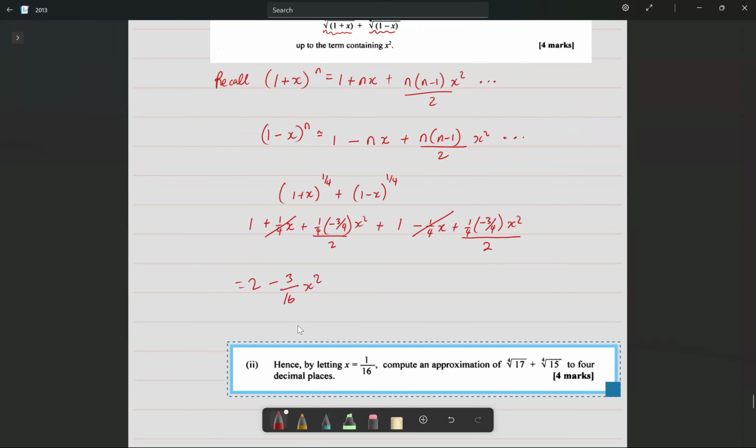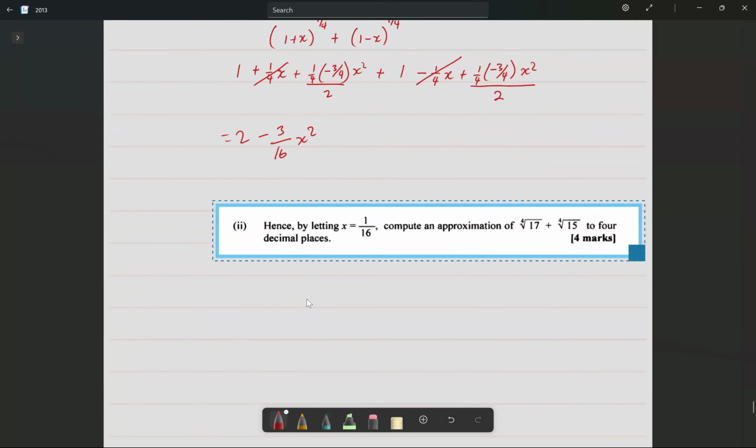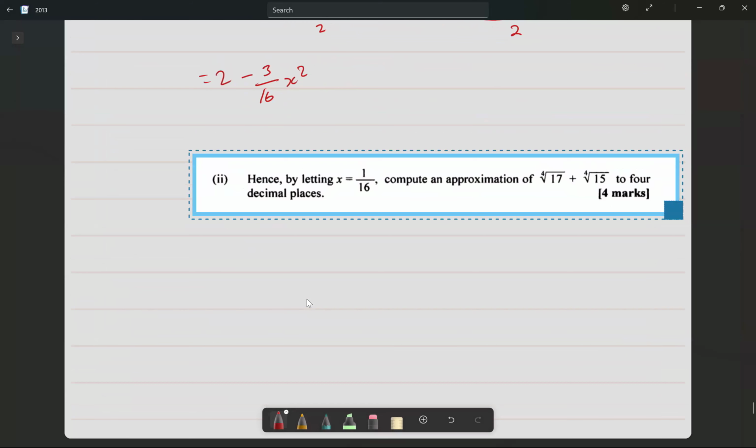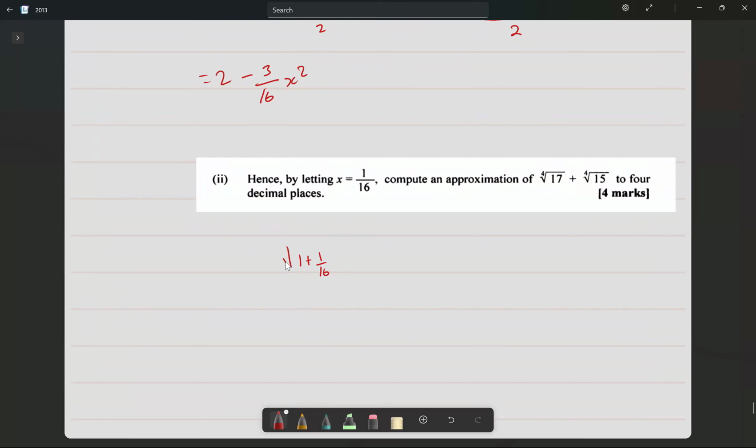So now we're going to have 1 plus 1 over 16 to the fourth.